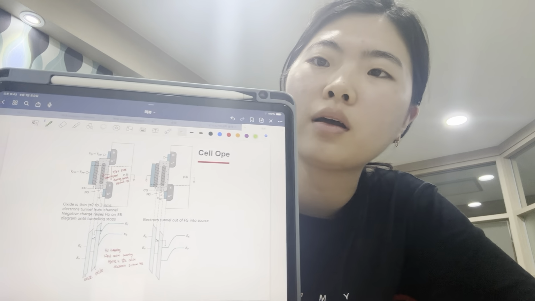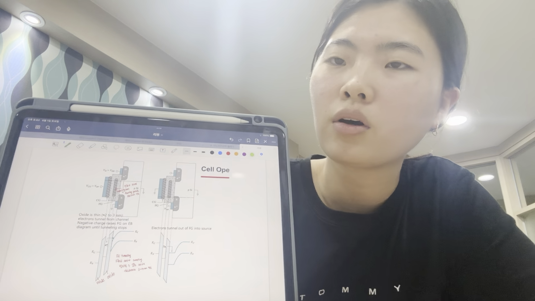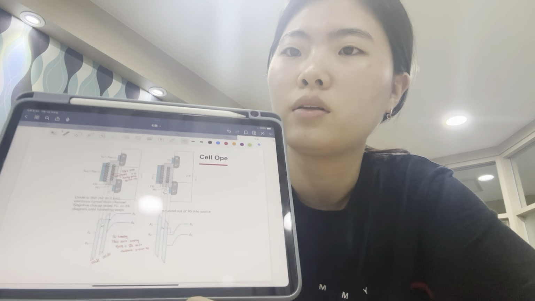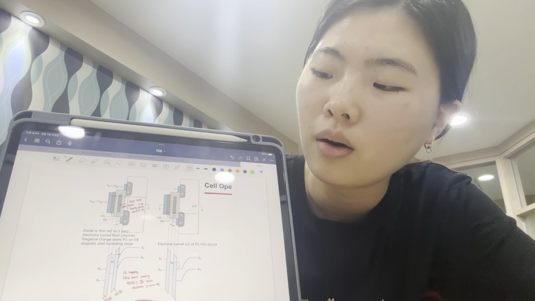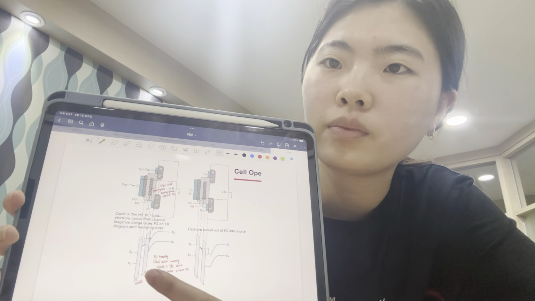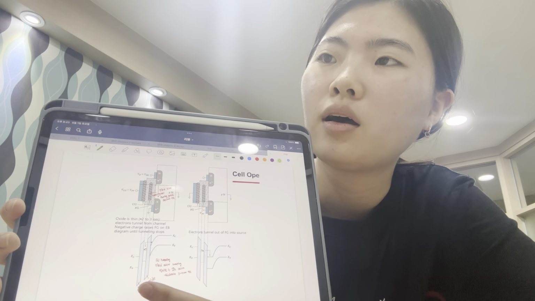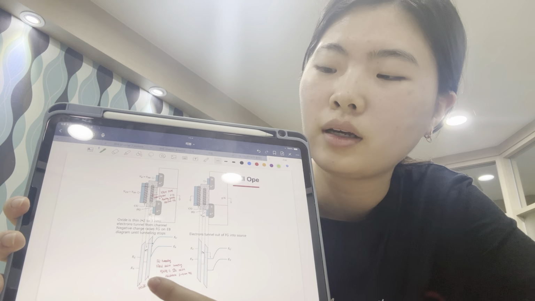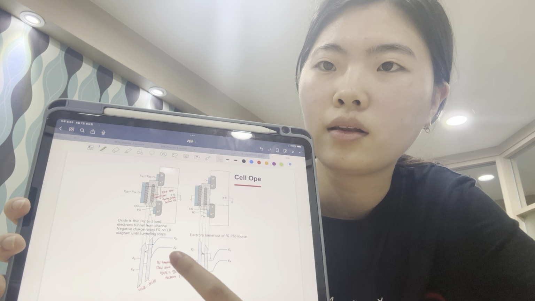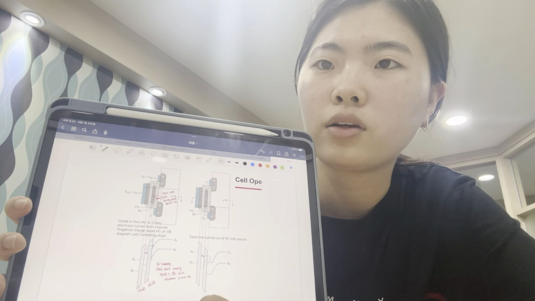Under the schematic, we can see the energy band diagram. This square means oxide, and the line is the energy band diagram.